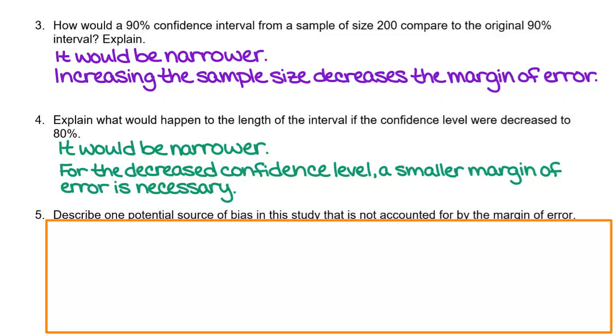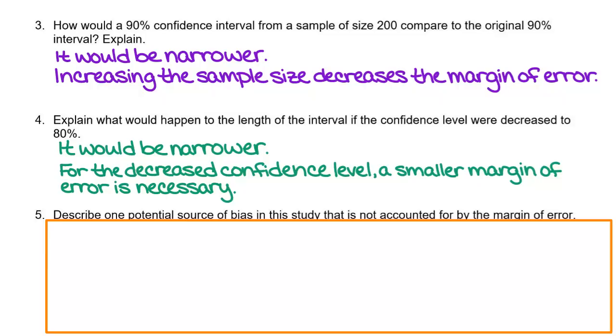What do you think about the way this PE teacher took their sample? Not going to be able to generalize to the entire school, even though that's what he's trying to do, because he's only looking at students that are after-school athletes at this time right now, right?